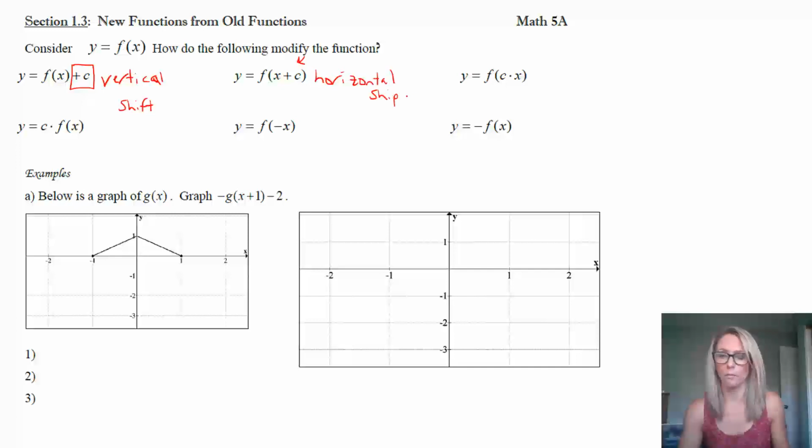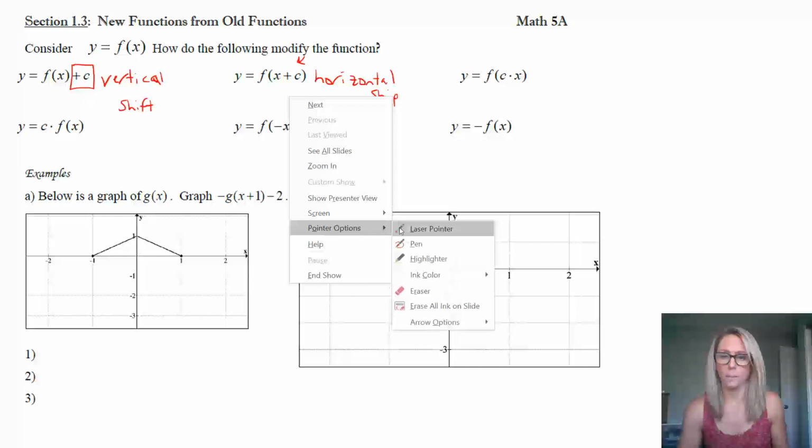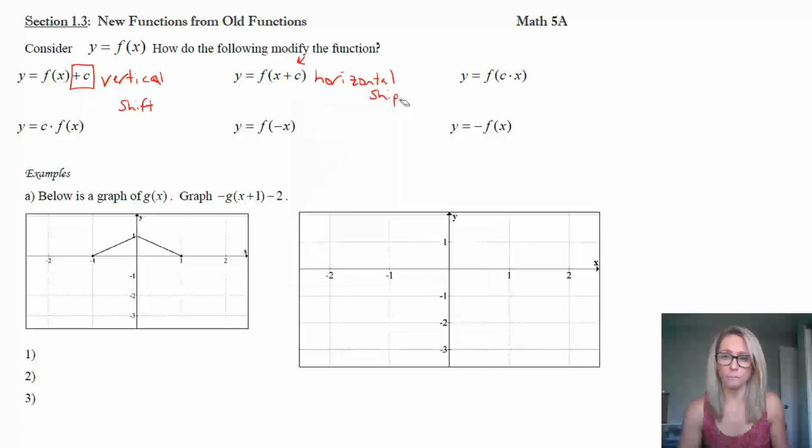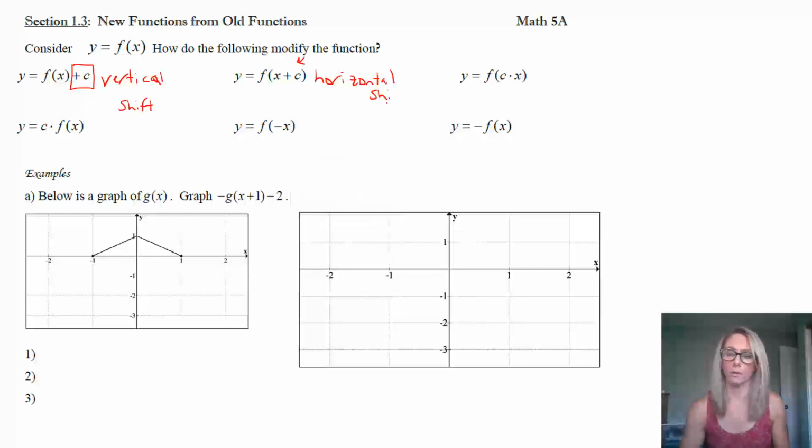And you could kind of consider that because when you think about it, when you end up adding c, you're changing the x value that goes inside. So it becomes the y value that's related to that other x value, and that's why you end up with the horizontal shift.